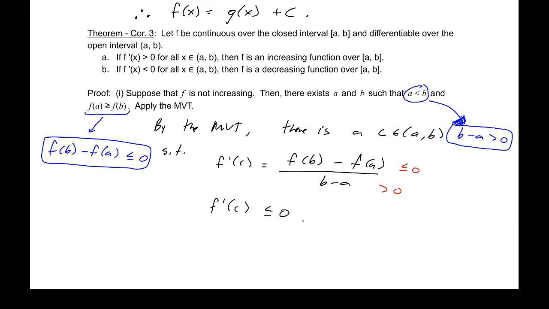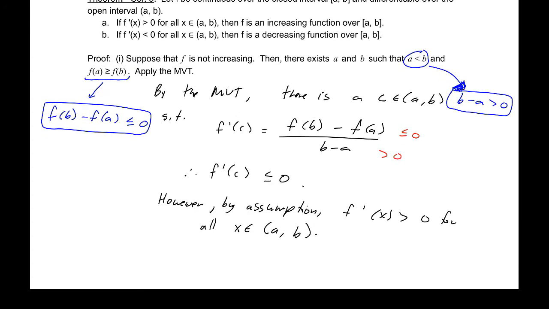However, we said that f prime of x is greater than 0. Okay? So, however, by assumption, f prime of x is greater than 0 for all x in the interval a b.